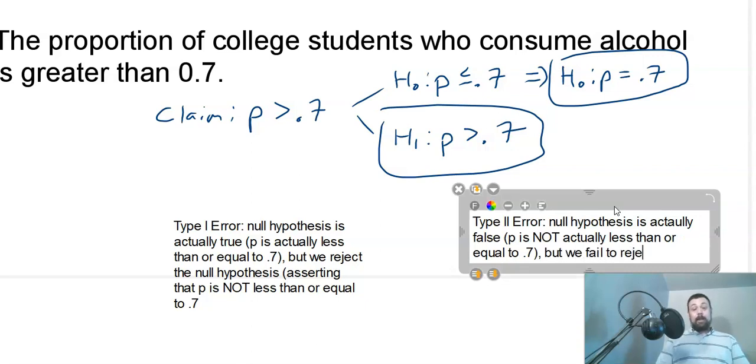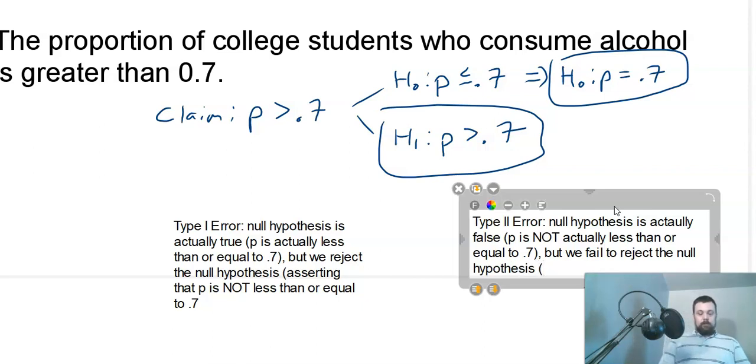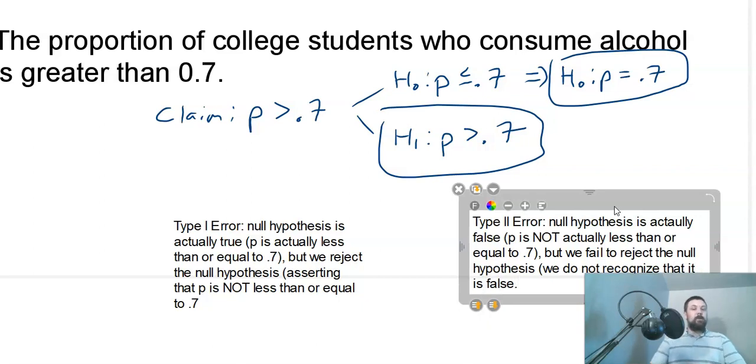We fail to catch that the null hypothesis is false. So we do not recognize that it is false. All right, so that's what a type 2 error would look like.